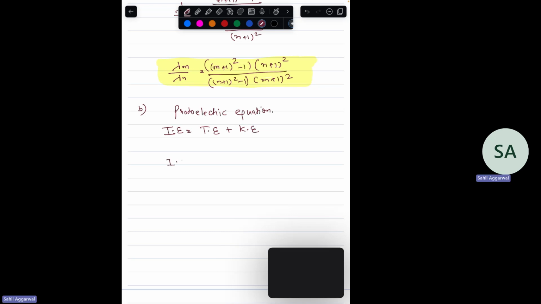That means incident light minus threshold energy is kinetic energy, and we know that incident energy is greater than threshold energy. That means kinetic energy would be a positive value. That subtraction would be a positive value. So this would also be correct.